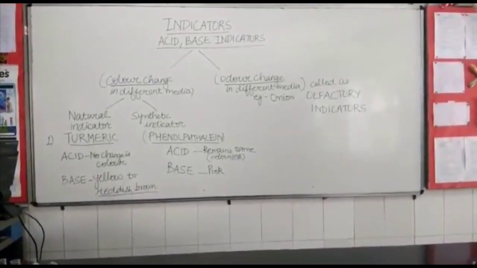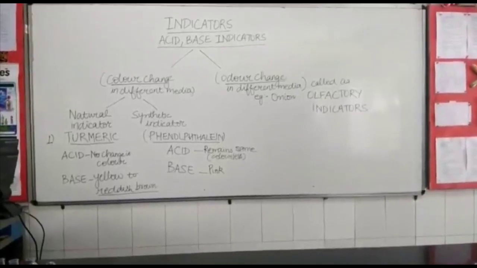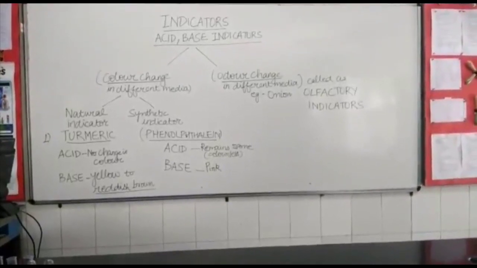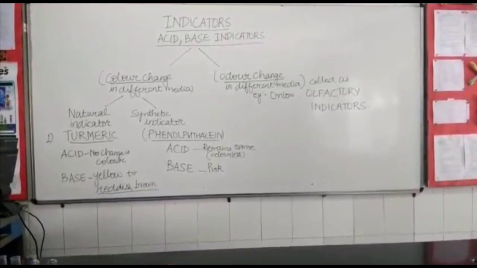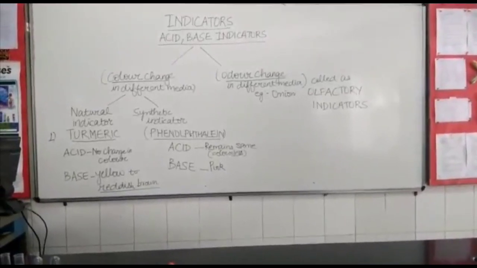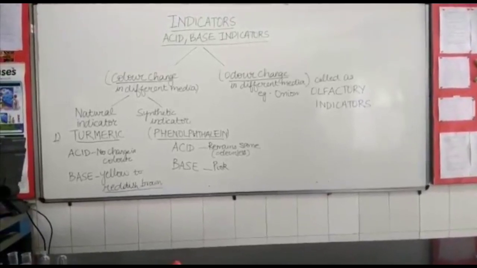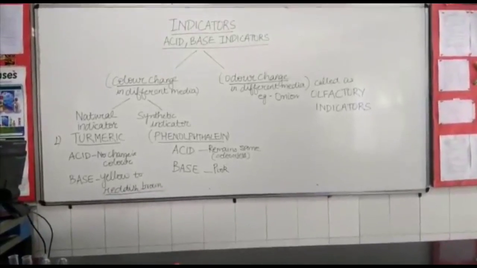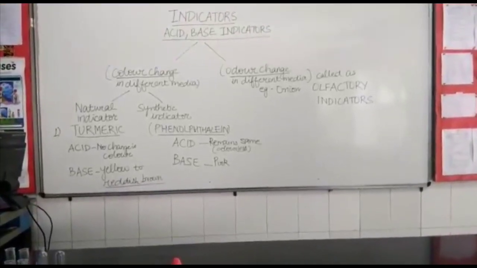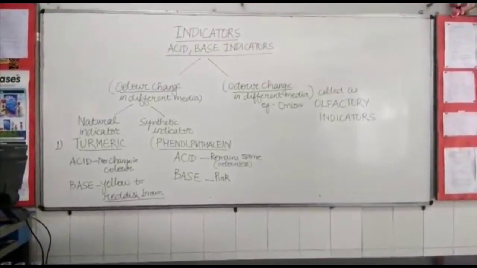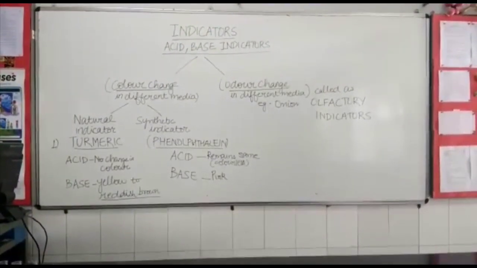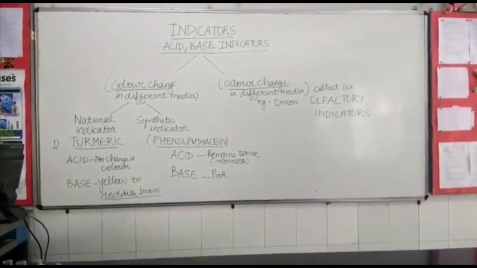They are also called olfactory indicators. Color changes can be seen in different media through natural and synthetic indicators. We would be studying color changes by using natural indicators, turmeric and red cabbage, and a synthetic indicator, phenolphthalein.